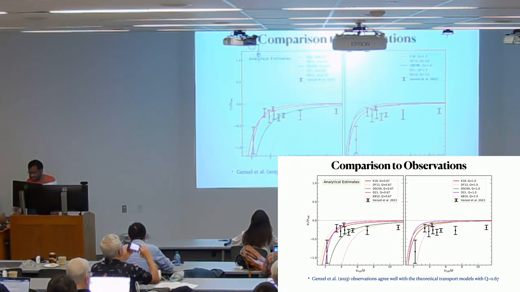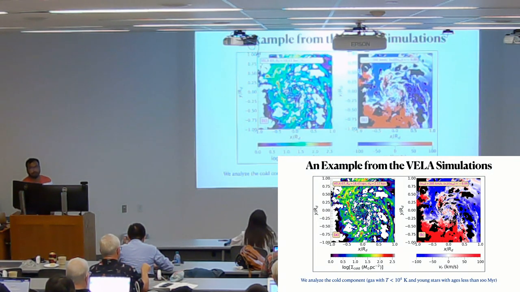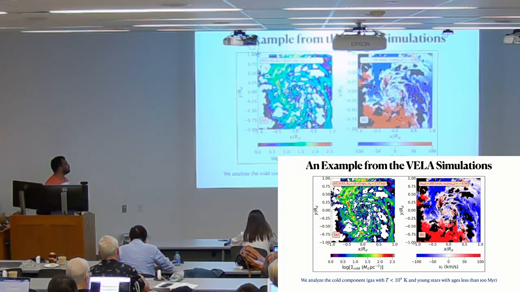But this talk is about simulations. So now I want to talk about what we see in simulations. I want to talk about the Vela simulations. These are zoom-in cosmological hydrodynamical simulations. We have about 34 Vela galaxies, and I'm just showing you one example of a particular snapshot from one of them.